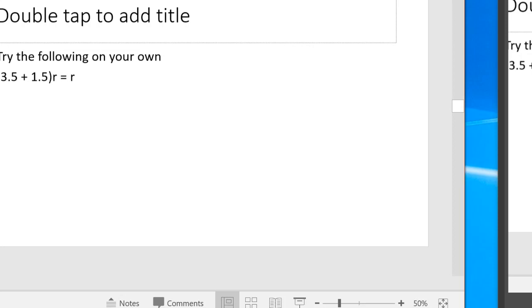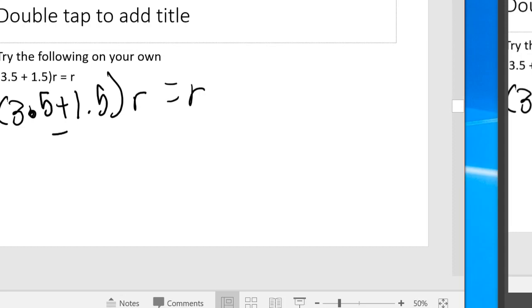I'm not sure if I heard that correctly because I have a low connection for everyone. But the first thing I want to do is solve what's inside the parentheses. So I have 3.5 plus 1.5, close parentheses, r is equal to r. So I'm going to have 5r is equal to r.